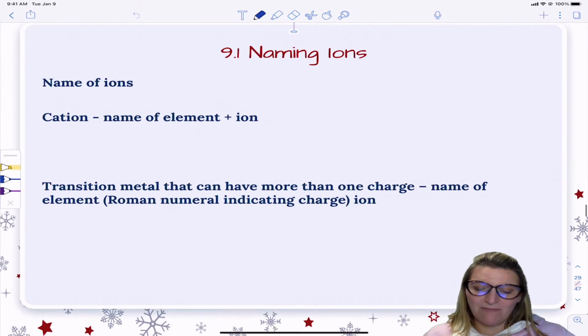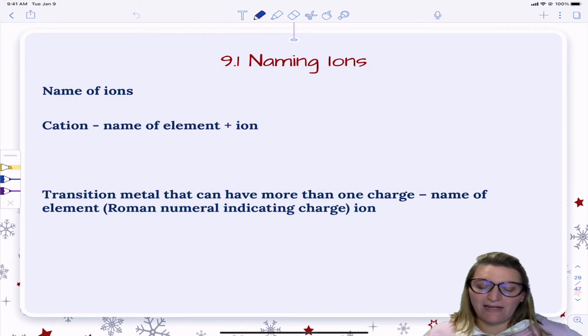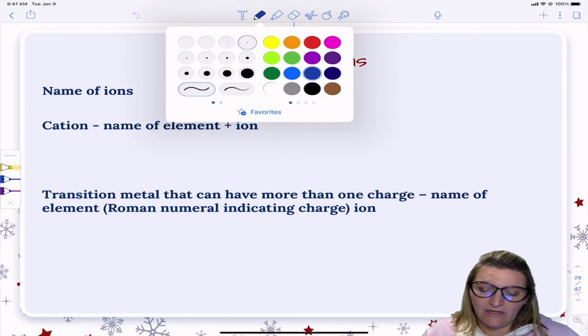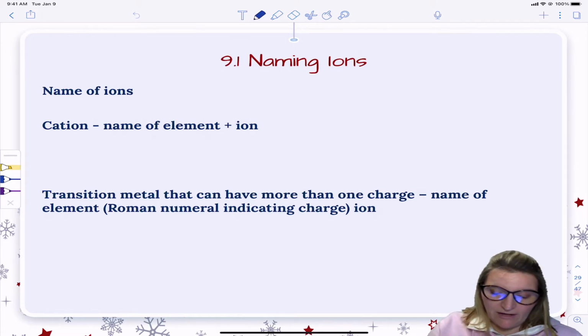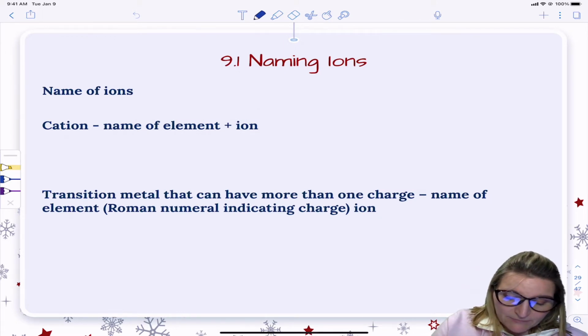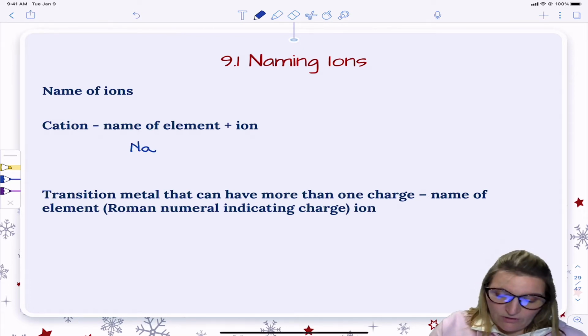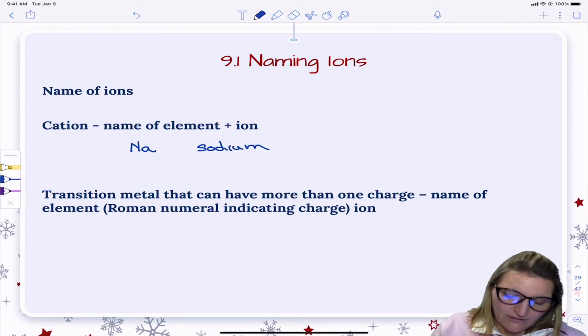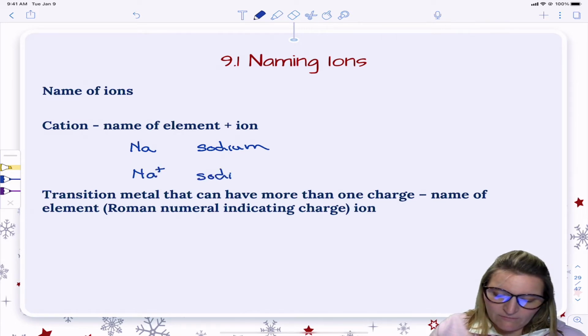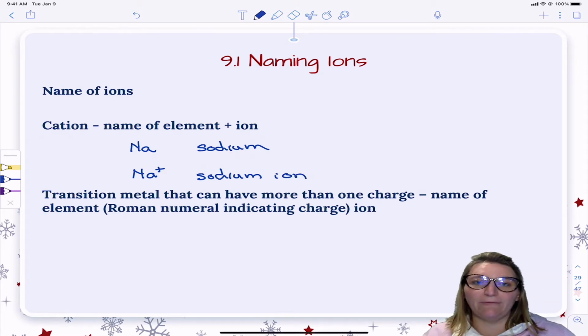So how do we name them? The naming of the cations, the positive ions, is very easy. All we need to do is say the name of the element plus the word ion. So literally, if I say Na, that's sodium, and specifically the sodium atom, because it has all of its electrons. And if I say Na+, that would be the sodium ion. Literally, you just add the word ion after it.